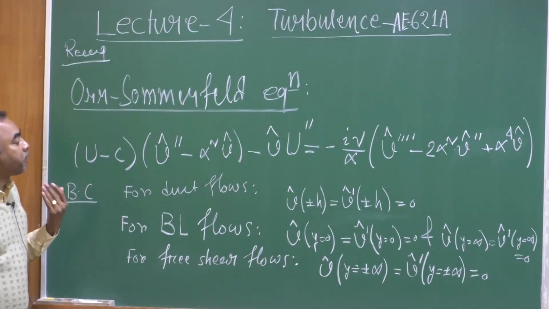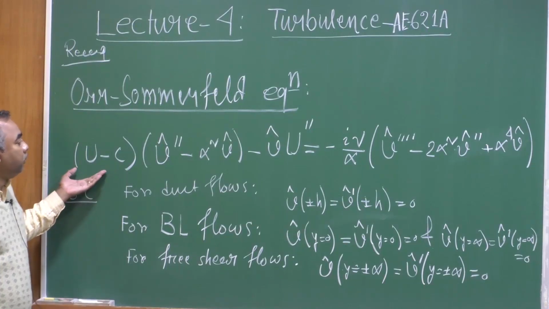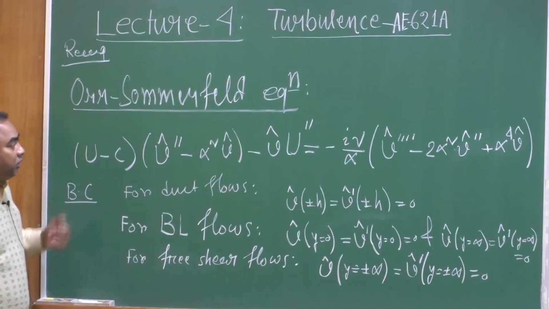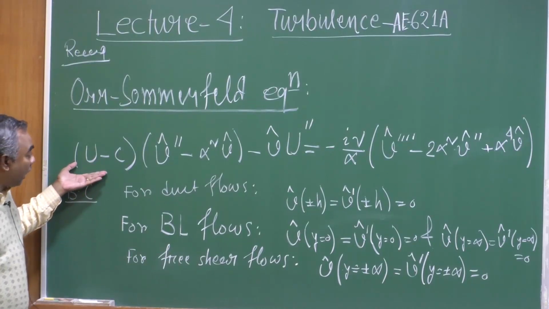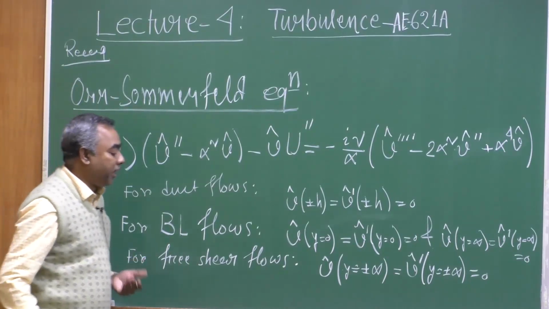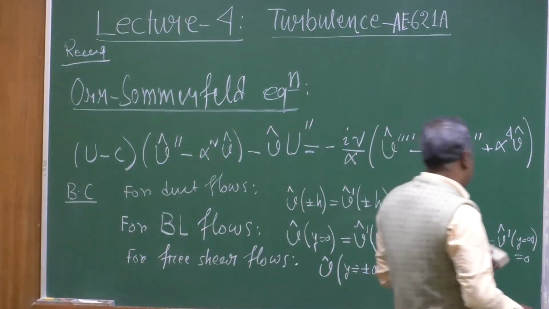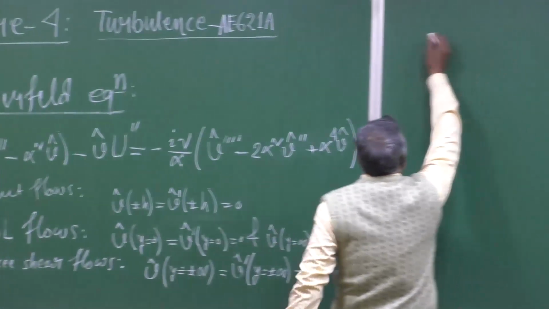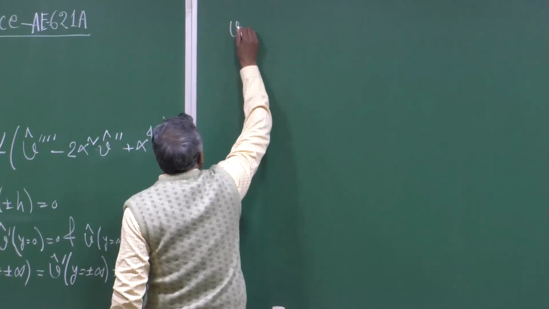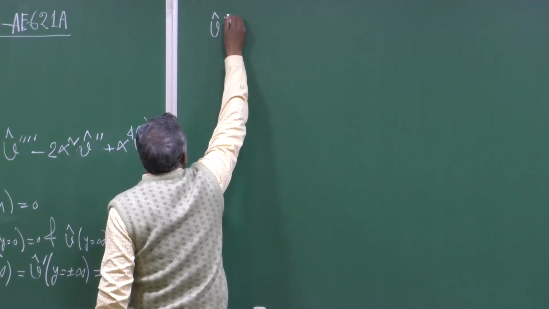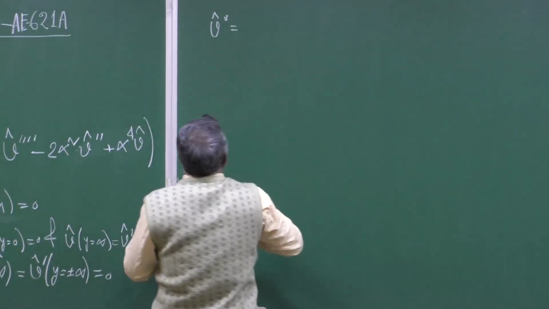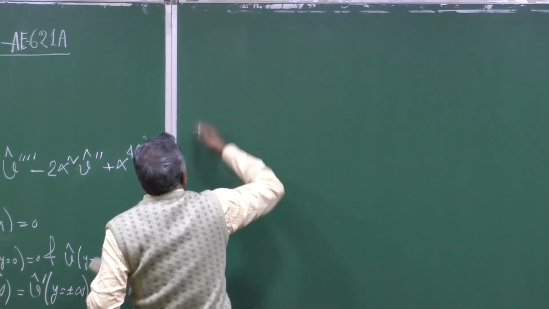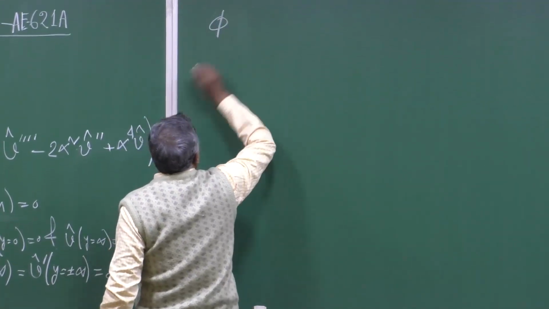Before I proceed, let us start with the non-dimensionalization of this equation. If we carry out the non-dimensionalization of this equation, what do we get? For that, let us consider that V hat prime star, which is the non-dimensional quantity, let us call this phi.